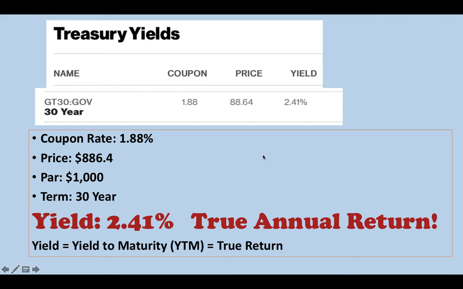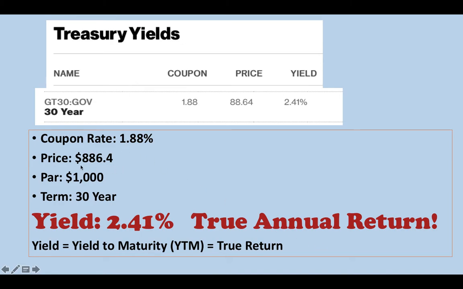What does this mean? The yield tells you that if you buy these bonds, your return is not the coupon rate. Your true annual return is 2.41%.